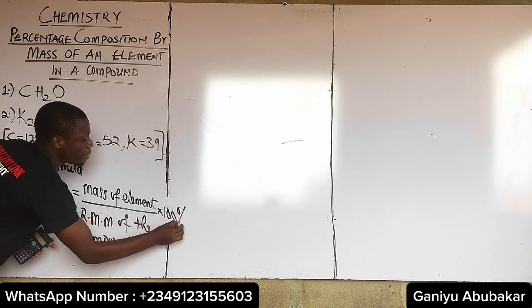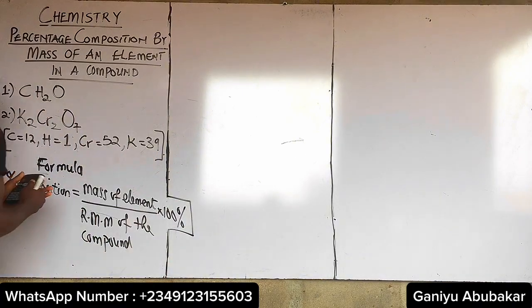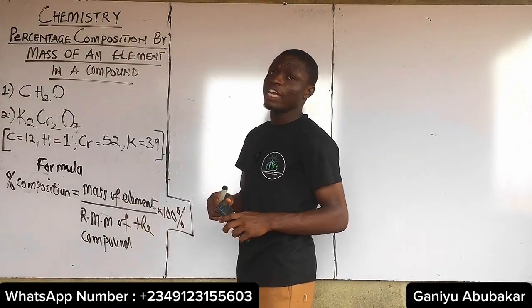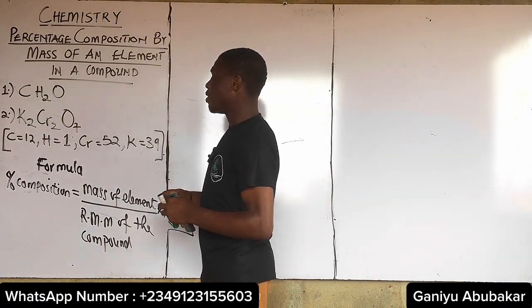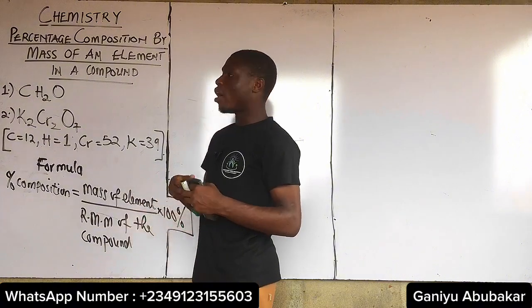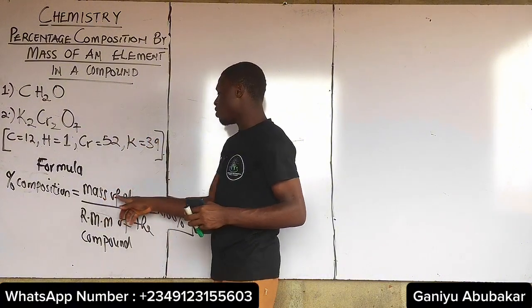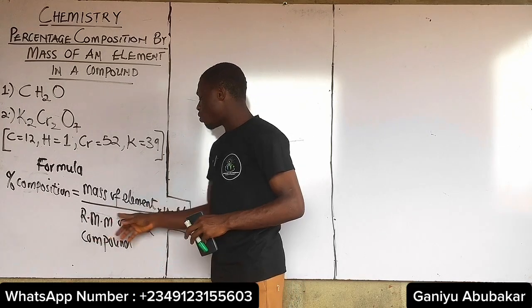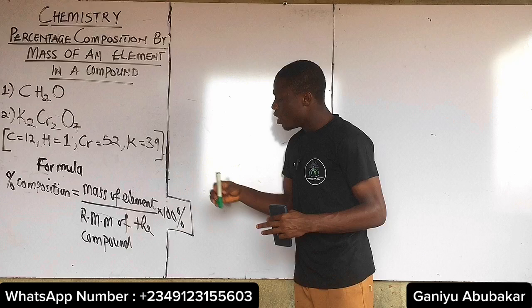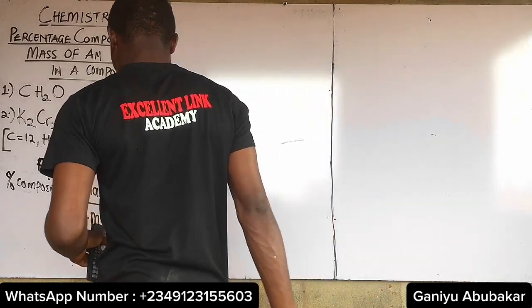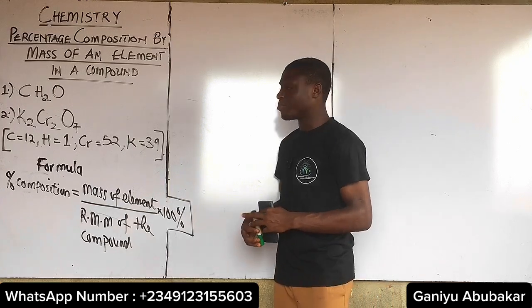So this becomes the mathematical expression for calculating the percentage composition by mass of an element in a compound. So if you are asked to calculate the percentage composition of a particular element, simply take the mass of the element divided by the relative molecular mass of the compound times 100%. Let's now use this formula to solve some problems.